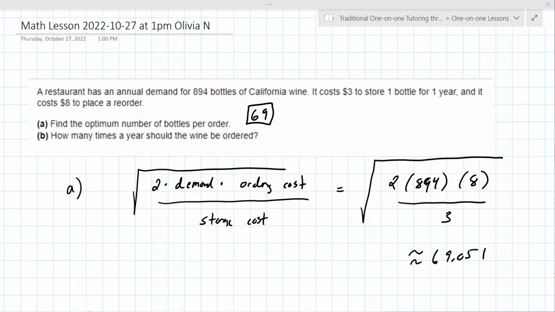All right, so the reorder quantity for B is N over Q, but this is Q, by the way.